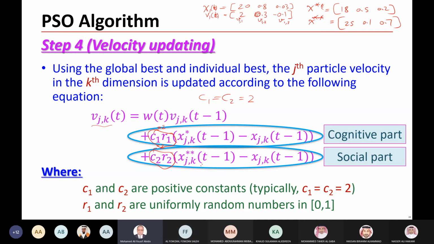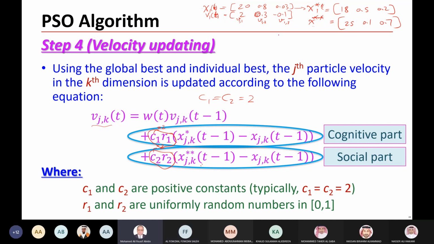So this is the current position of the particle at iteration t, and this is the velocity at iteration t, and these are the local best for this solution, and this is the global best for the whole population, right? Okay.